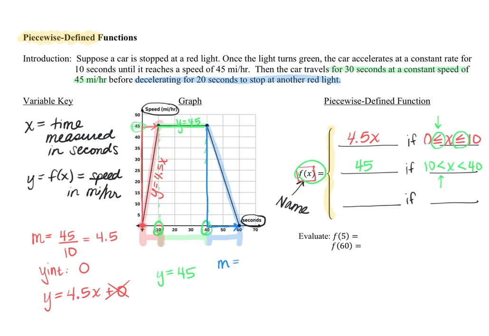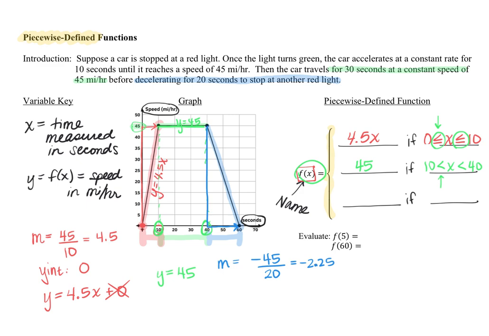So if we're going down, it would be a negative 45. That's my change in y. And then we went right a distance of 20. That's my change in x. So we'd have negative 45 divided by 20, which would simplify to negative 2.25. So the slope of this blue section of the graph is negative 2.25.